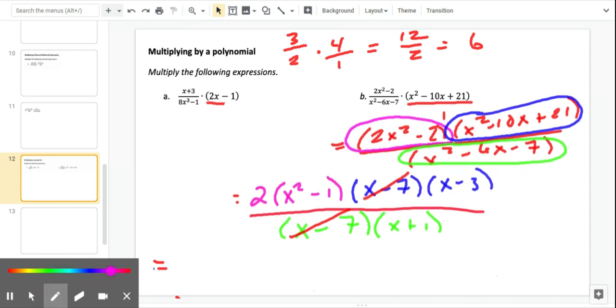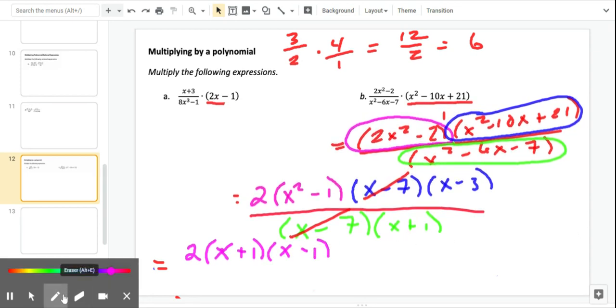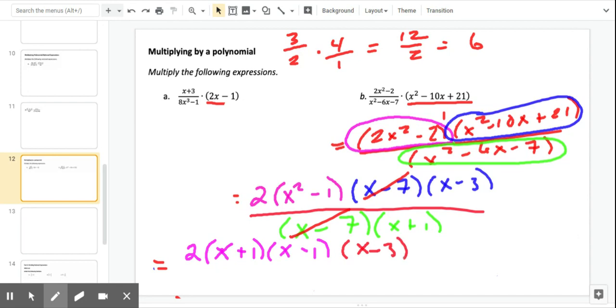The x squared minus 1 is a difference of two squares. So I can factor that as x plus 1, x minus 1. And then we have x minus 3 over x plus 1.